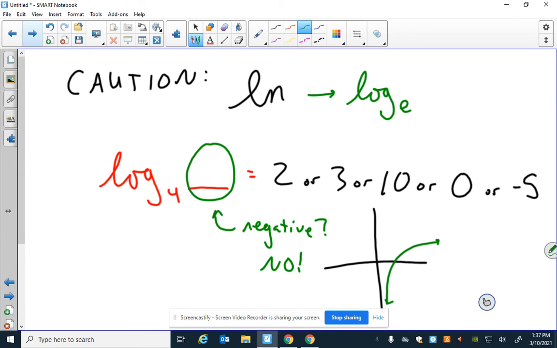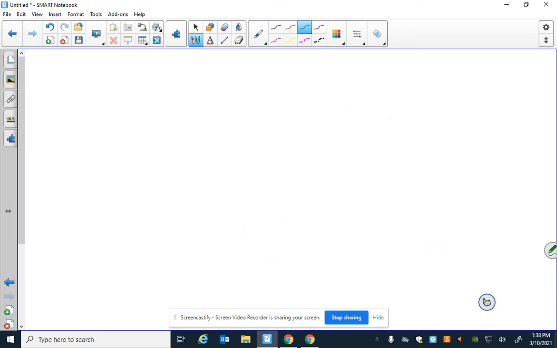And the domain was all real numbers bigger than 0. So if you were to graph log base 4 of x, -3 or -10 or -13,000 or 0 isn't part of the domain. So we only have to look at positive numbers when we're dealing with that. That's kind of nice. All right, one last thing about logs and we are done.